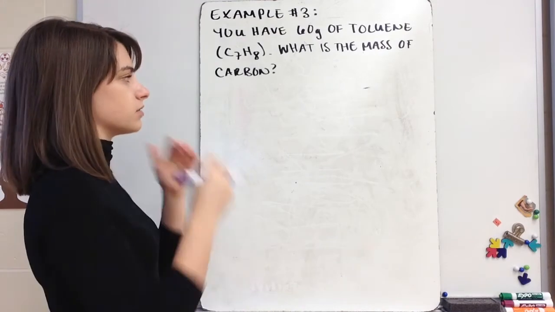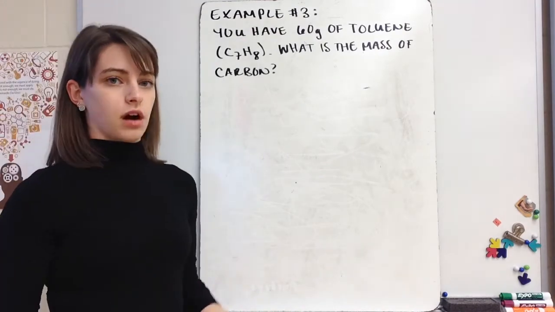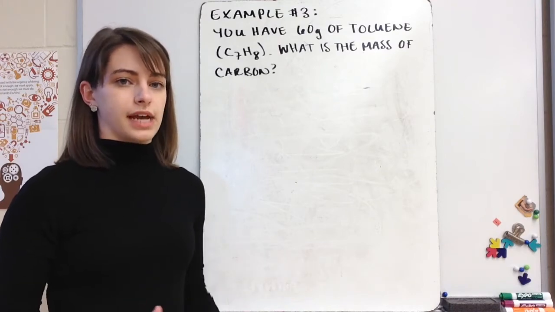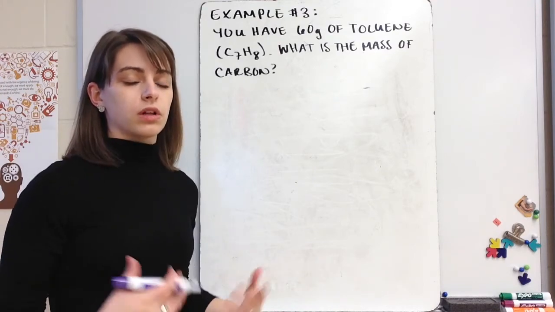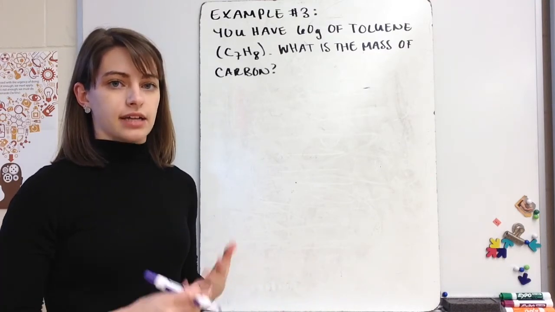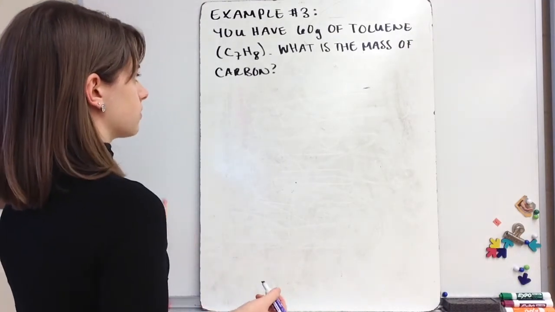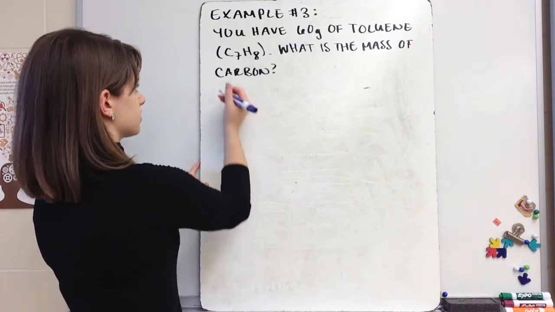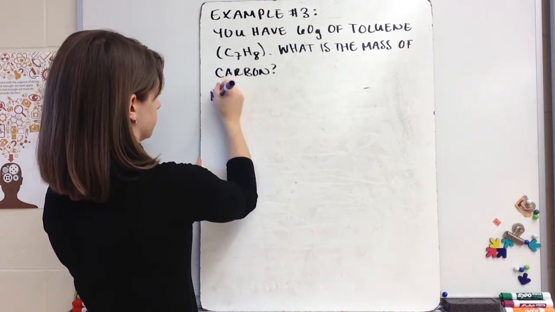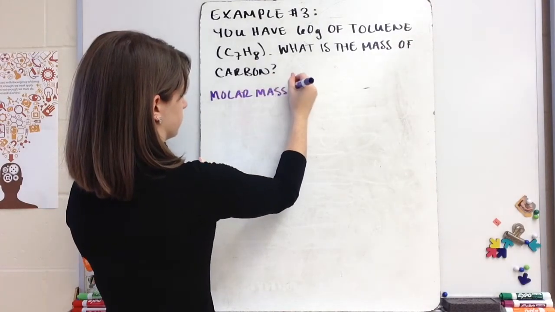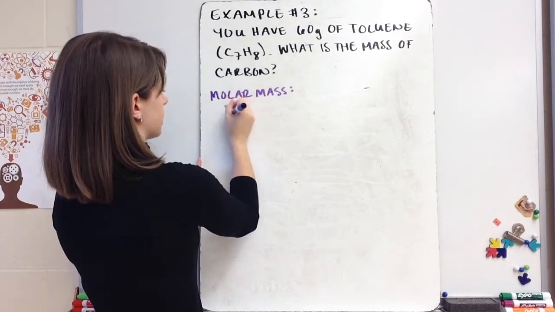So the first thing we have to do is figure out the percent carbon in the compound, because the percent carbon is going to be the same no matter whether we have a mole, half a mole, doesn't matter what mass we have. The percent carbon will always stay the same. So the first thing we have to do is figure out the molar mass of toluene. So we have 7 carbons.